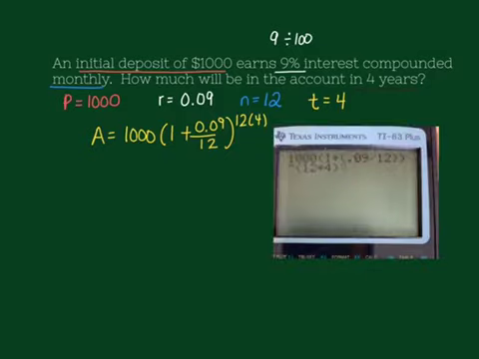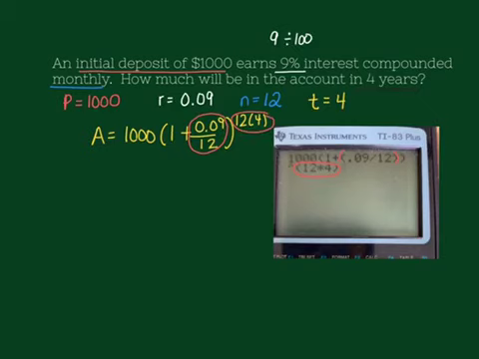So as you can see on my calculator screen here, parentheses are really important. So I have to put parentheses here around this fraction so that I make my calculator follow the order of operations. And I also have to put parentheses here to represent this exponent.